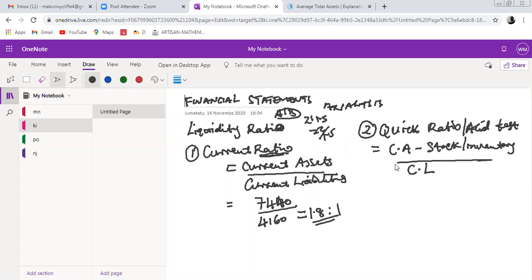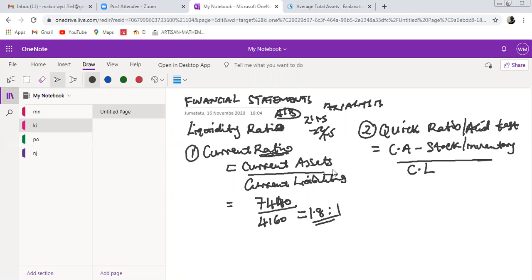The key thing you should remember here is that we normally minus stock or inventory, even though it is part of the current assets. But people normally argue it this way. A current asset is supposed to be an asset that can be converted into cash within the financial year. It is not an asset that stays in the business for more than one financial year. Any asset that can be converted into cash before the 12 months of the financial year end is referred to as a current asset.